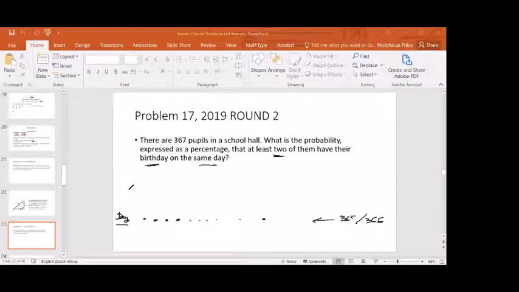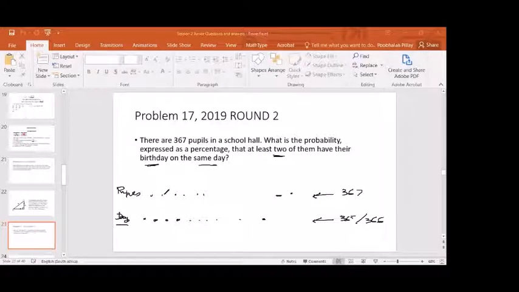And then I put the pupils here. Again, I'll have a number of pupils, and there are 367 of them. So there are 367 dots in the top line and 365 in the bottom line, right?